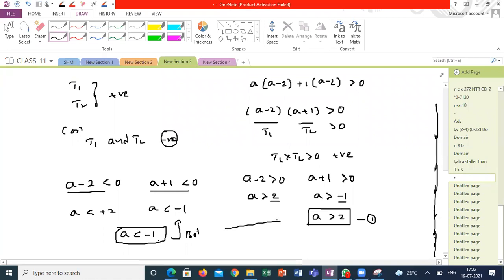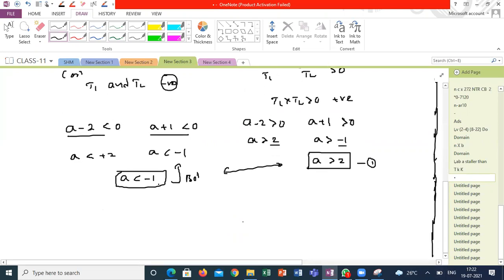So if I am combining these two conditions, what is my domain? What values are valid for A here? A should be less than minus 1, and A should be greater than 2.